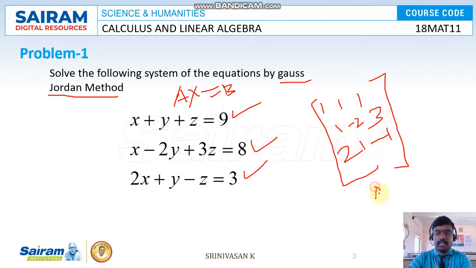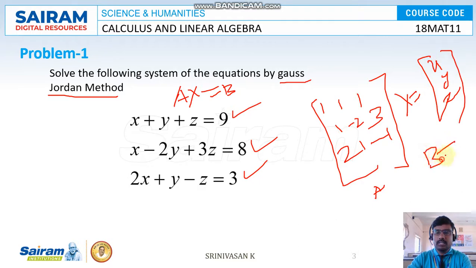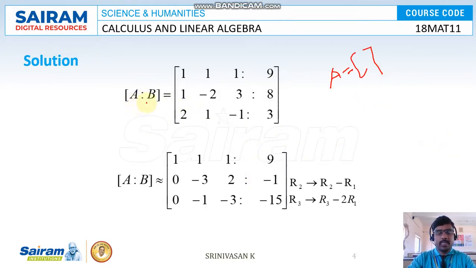The system of equations is Ax equal to B. This is A. And what is x? x is the unknown variables, that is x, y, z. What is B? B is the constants, 9, 8, 3. So A and B together is called the augmented matrix. I already explained the Gauss elimination method and also the consistency and type of solution.